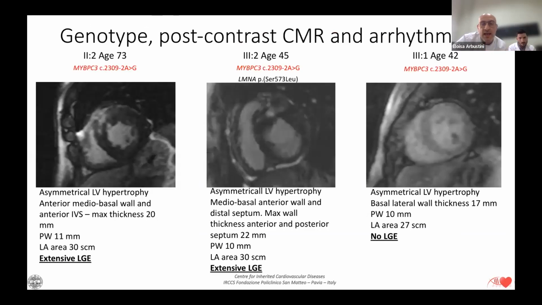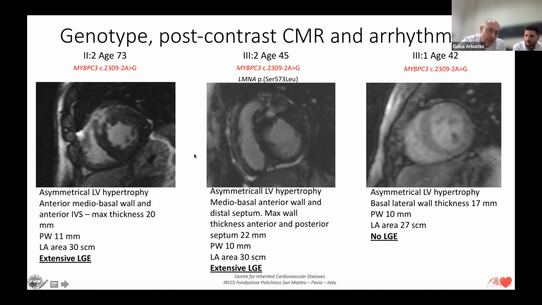Here is a slide to compare the phenotype of our proband, in the center of the slide, with her sister, who carries as well the MYBPC3 variant, but does not carry the VUS in lamin, and did not show at the same age any late gadolinium enhancement.